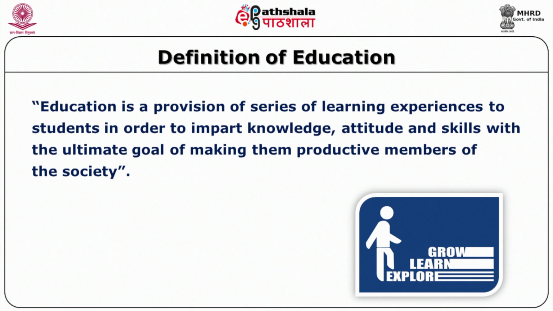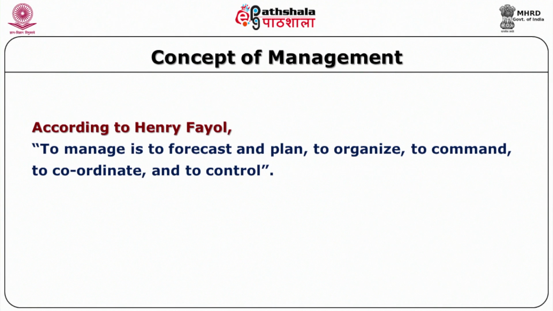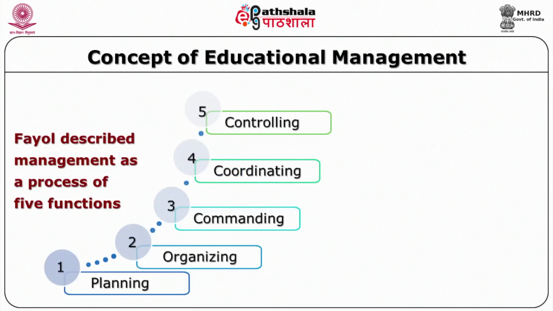a democratic society. According to Henry Fayol, to manage is to forecast and plan, to organize, to command, to coordinate and control. Fayol described management as a process of 5 functions such as planning, organizing, commanding, coordinating and controlling.